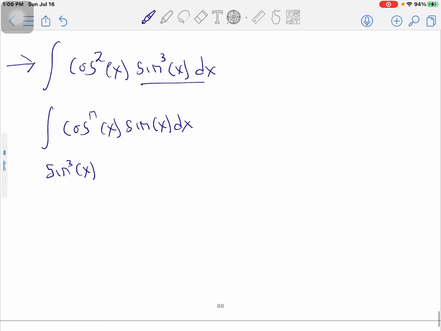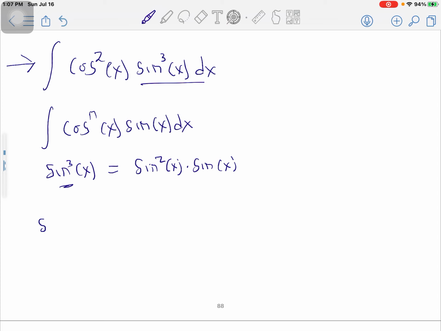For instance, sine power 3 of x can be rewritten as sine power 2 of x multiplied by sine of x. As you can see, when we multiply it back, we get sine power 3 of x, which is the same as this.